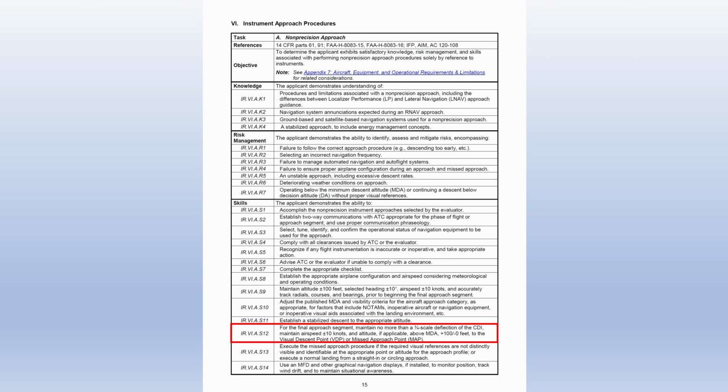Then on the final approach segment, maintain no more than a 3/4 scale deflection of the CDI and still maintain your airspeed plus or minus 10 knots, and then don't go below the MDA more than 0 feet. You're given 0-foot tolerance, and no more than 100 feet above the MDA. And of course, if you're shooting an approach that has vertical guidance and a decision height, then just fly that to the decision height and then miss the approach.